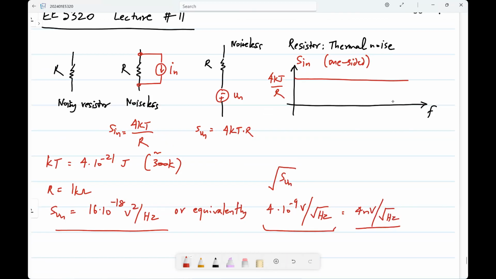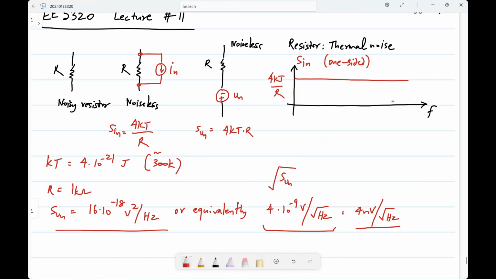Okay. The reason to do this is again for convenience in calculations. So if this noise goes through a bandwidth of 1 gigahertz, what is the output noise variance? If this noise is fed through an ideal filter of, sorry, not 1 gigahertz, let's say 1 megahertz bandwidth. Okay, it's easier to calculate.